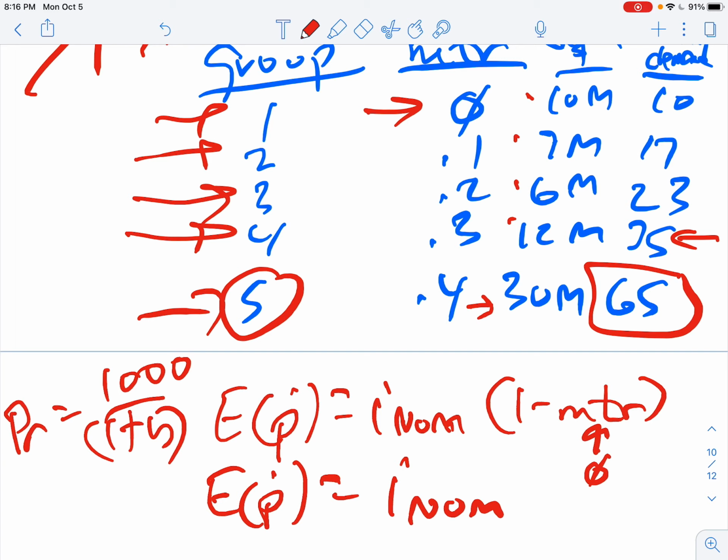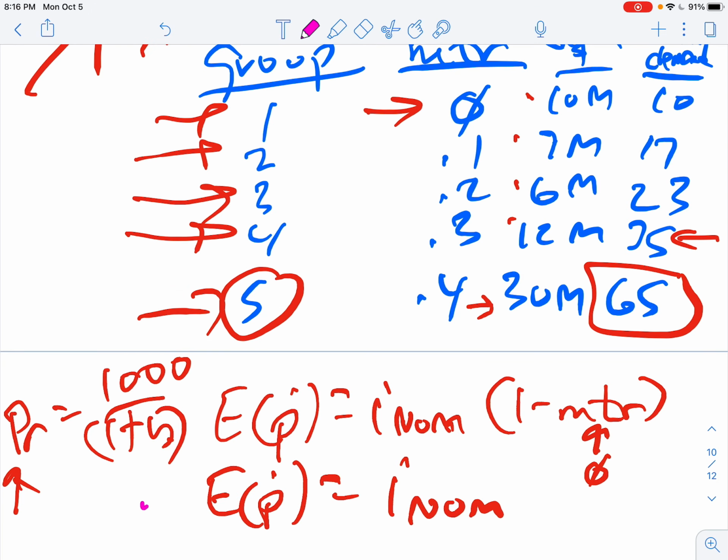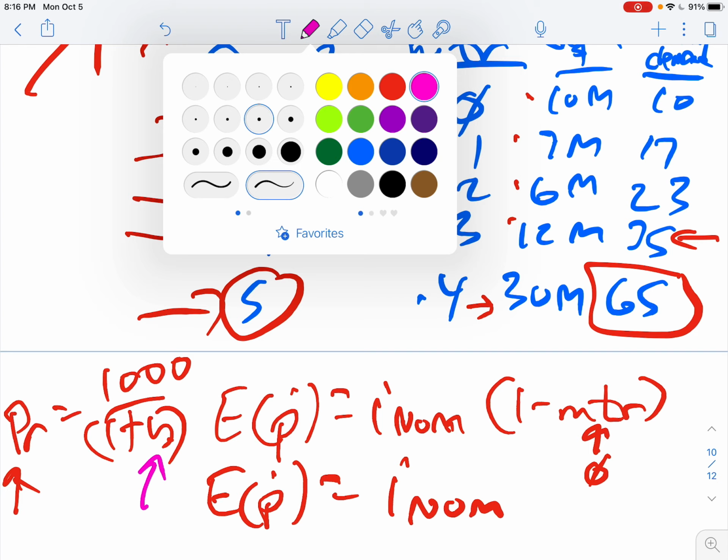So if you give the price, then you can determine the yield. Or on the other hand, if you give the yield, you can determine the price. So one or the other. It's especially easy to see when you're talking about 0 coupon securities.